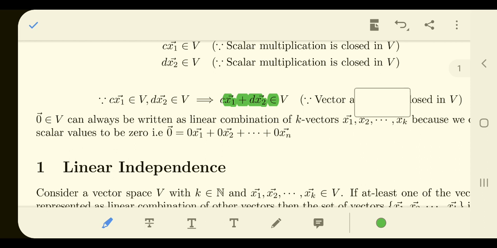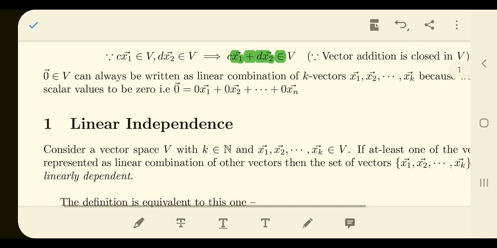Now, we may be interested in identifying whether we can find some basic set of vectors that cannot be represented by each other but can represent the entire vector space generated out of them.